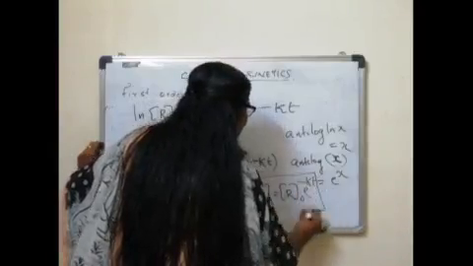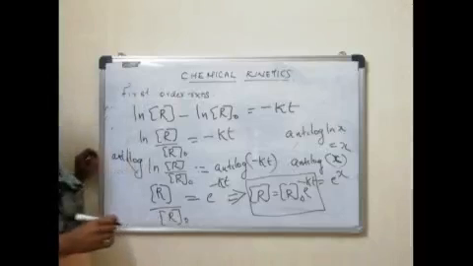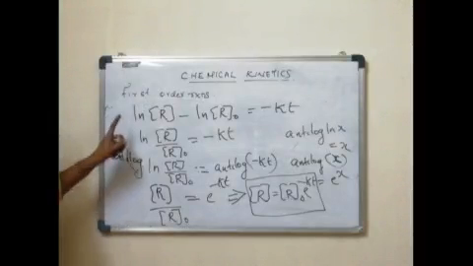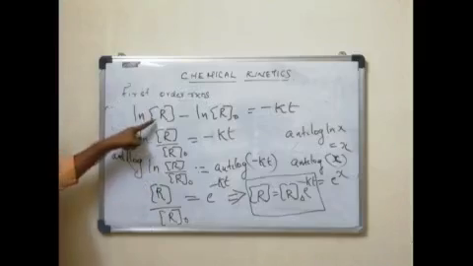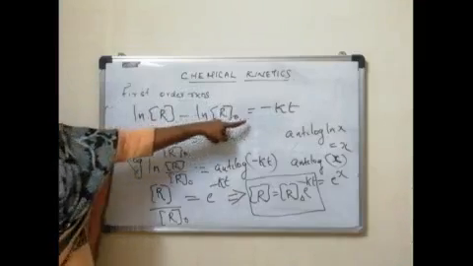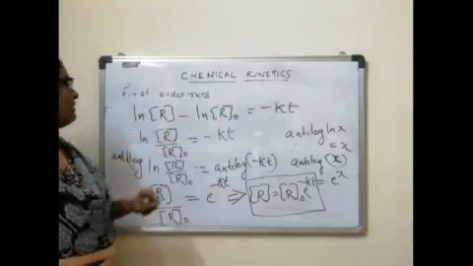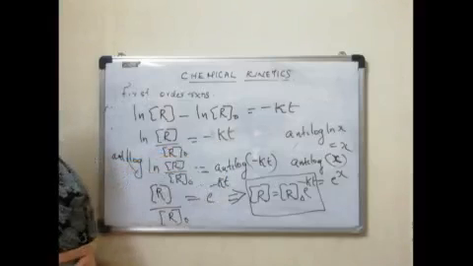This is another form of this equation: R is equal to R0 into e raised to minus KT. First of all, ln R minus ln R0 is equal to minus KT, that is, log A minus log B is equal to log A by B, equal to minus KT.